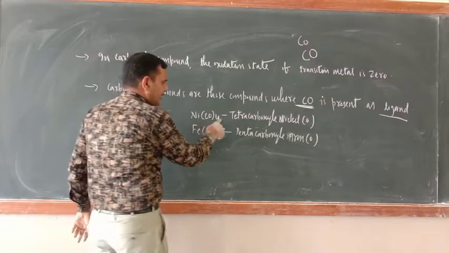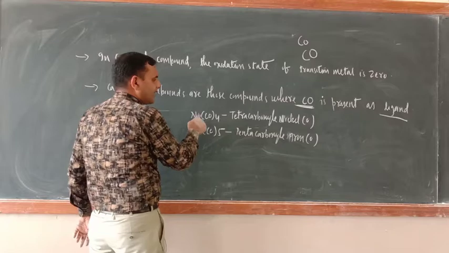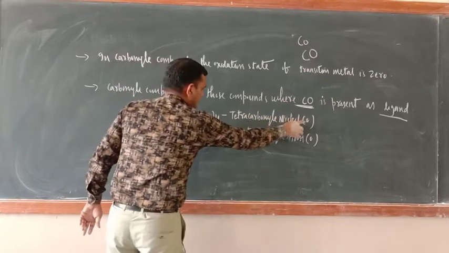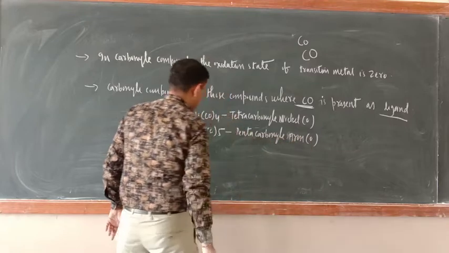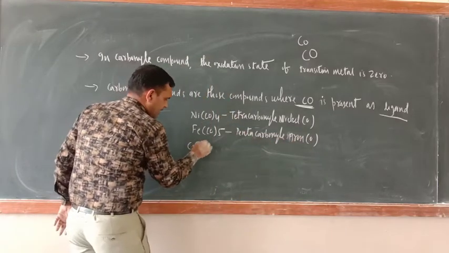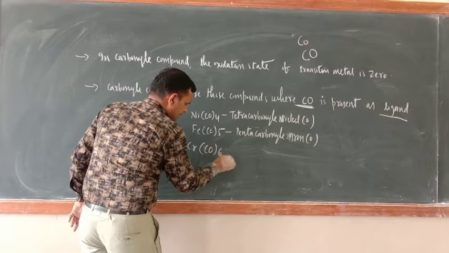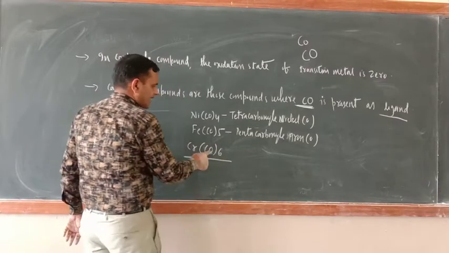Like just see, tetracarbonyl nickel, zero oxidation state. Pentacarbonyl iron, zero oxidation state. Many are there. Cr(CO)6, what is this one?